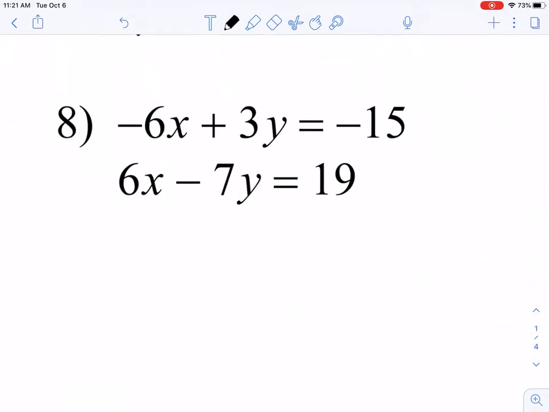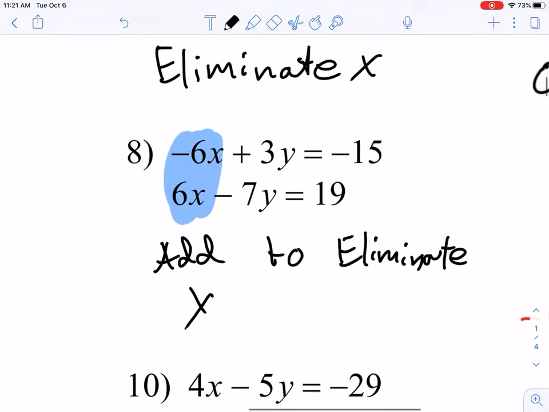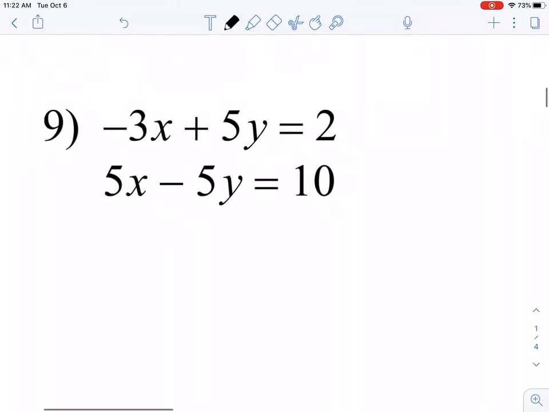Okay? For this one, I could just combine these how they are, so I'm going to add to eliminate x. See how quickly we can identify these? So I'm looking at which ones have the same value, so the y's have the same value.